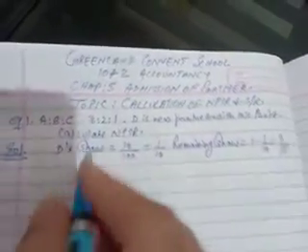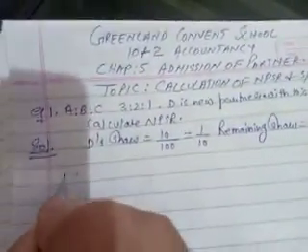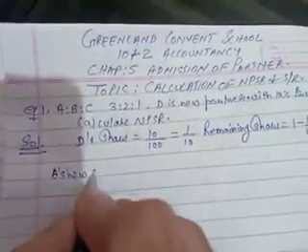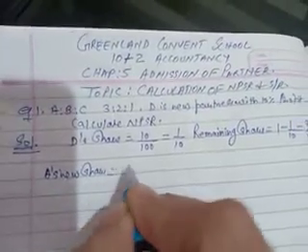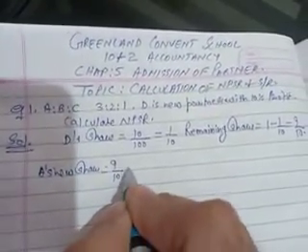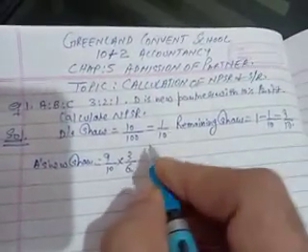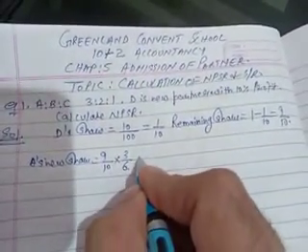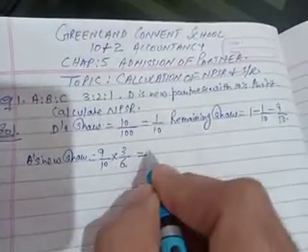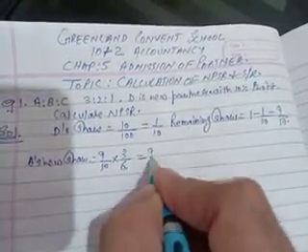Now calculate A's new share. A's new share is equal to 9 by 10 into 3 by 6, that comes out to be 9 by 20.